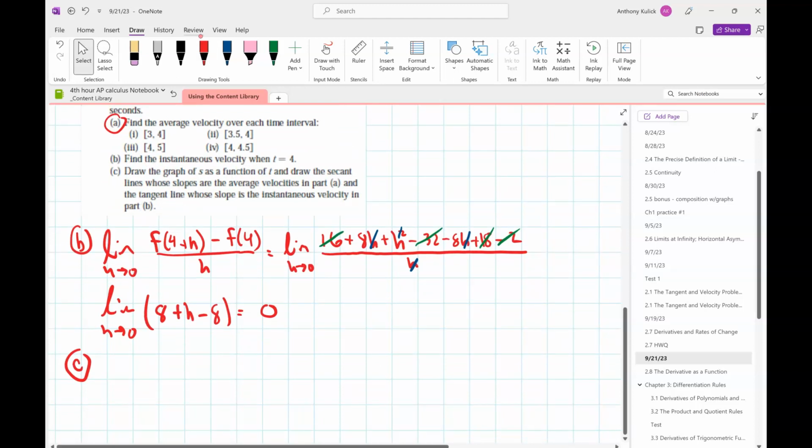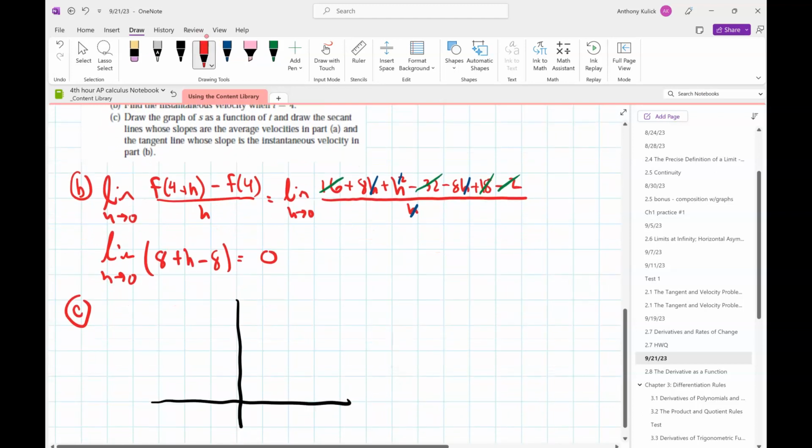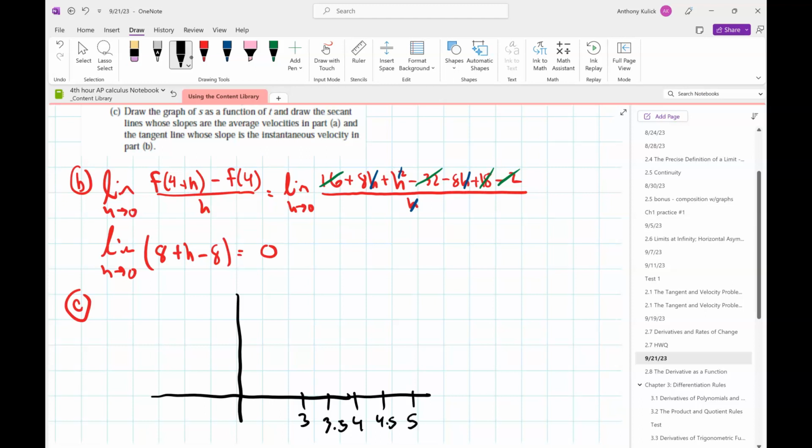with the secant lines with the average velocities or whatever. Okay. So what did we have here? We had 3.5, 4, and 4.5, and then 5, something like that.